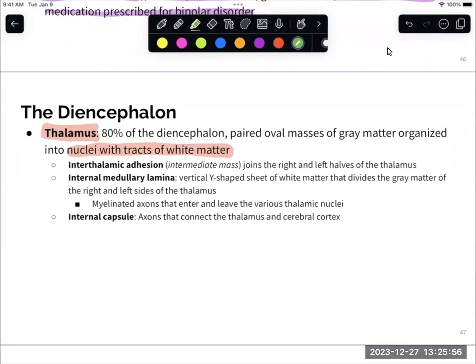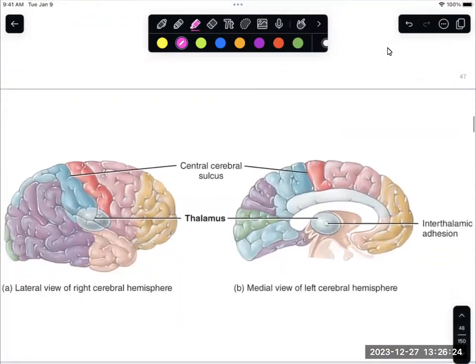We have an interthalamic adhesion, and this is what connects that right and left side of the thalamus together. We have an intermedullary lamina. These are axons that enter and leave the different thalamic nuclei. We also have this internal capsule. This is what connects the thalamus to the cerebral cortex.